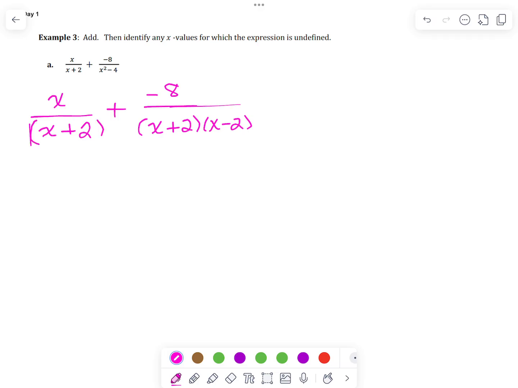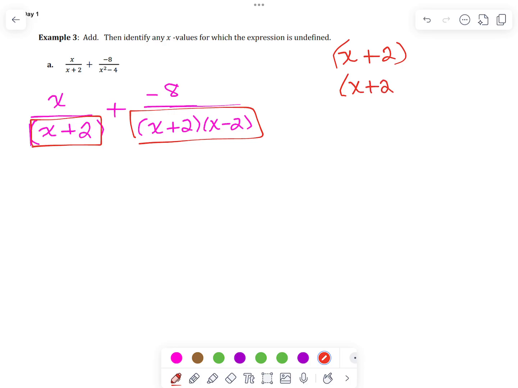Now we want to find the least common denominator of these two fractions. So the first denominator is x plus 2, and the second fraction has a denominator of x plus 2 and x minus 2.